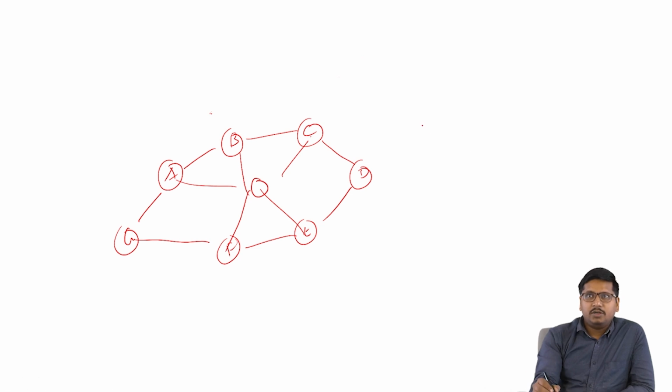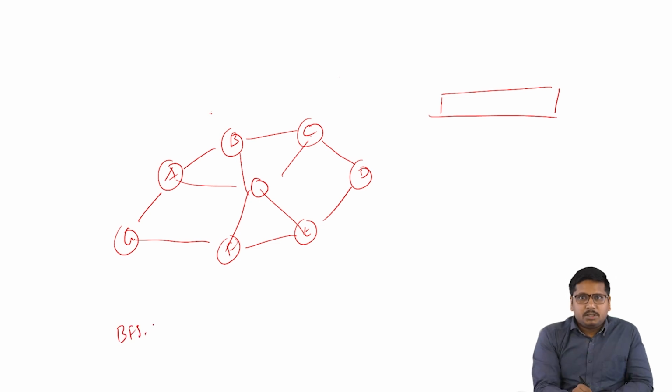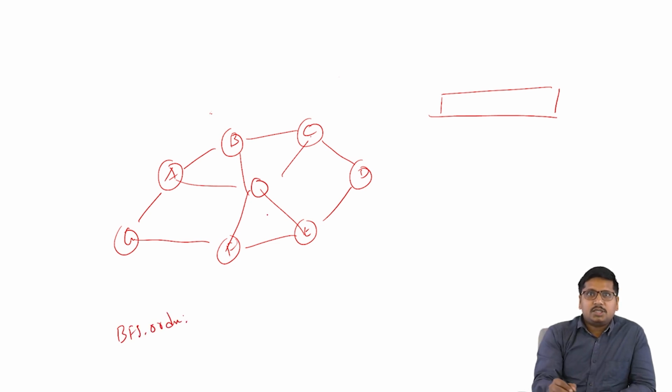In this one, first I have to push onto the queue, and then I'm writing the BFS order in this case. From A I'm going to be starting, this should be the starting one. So the starting one is A, and for A what are the nodes that are adjacent?